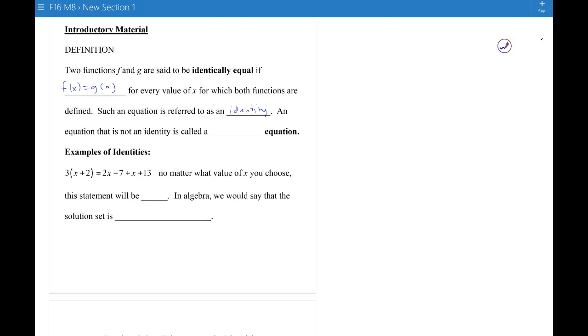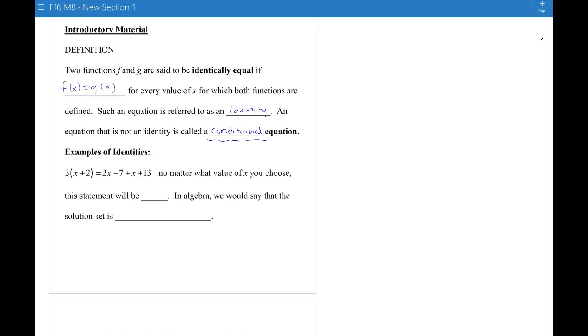And an equation that is not an identity is called a conditional equation. And the reason this is important is so you know which you are trying to do. Verify an identity, or show that it's always true for every value of x, or the conditional equation is where we're trying to find a value or values of x that will make the equation true.